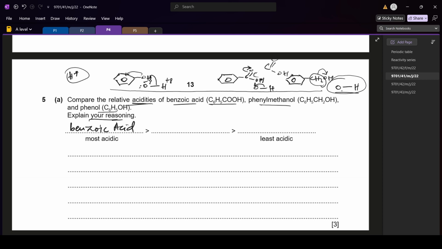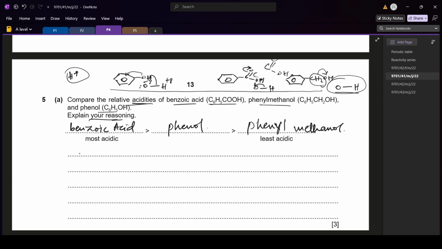So this is less acidic than phenol, because in phenyl methanol the proton will be difficult to remove. So then we have phenol, and lastly, least acidic is phenyl methanol.